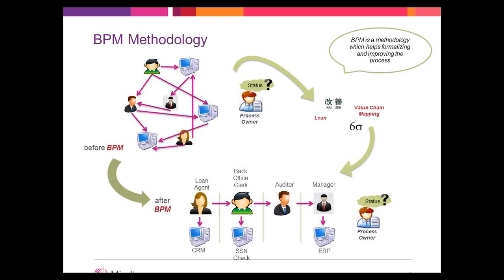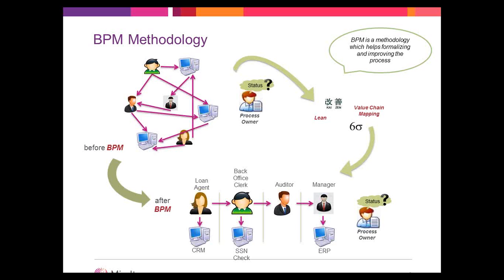So we're going to look at how BPM as a methodology will help transform a chaotic process into a formalized one. As we've seen earlier about the loan processing process, if somebody needs to apply a BPM methodology, like some of the common methodologies like Six Sigma or value chain mapping, Kaizen or Lean, you can apply these principles and convert your informalized process into a formalized one.